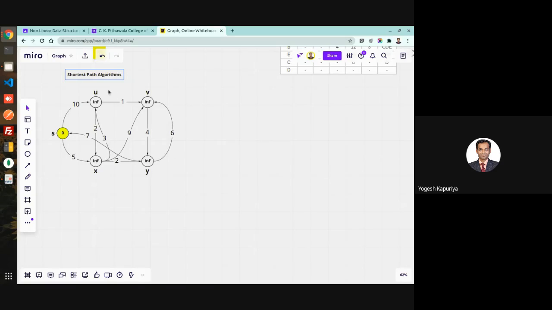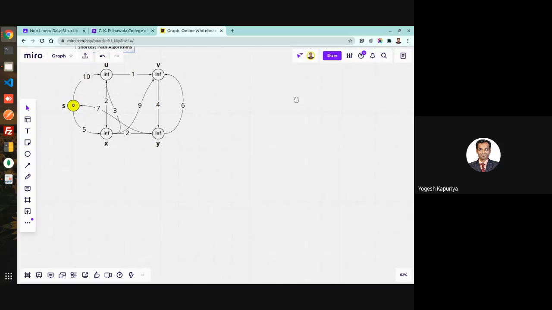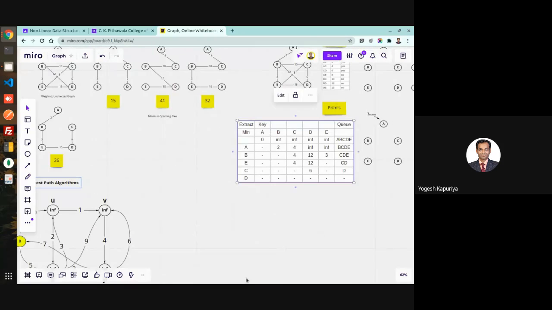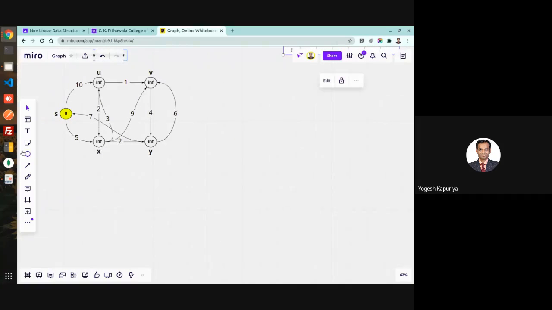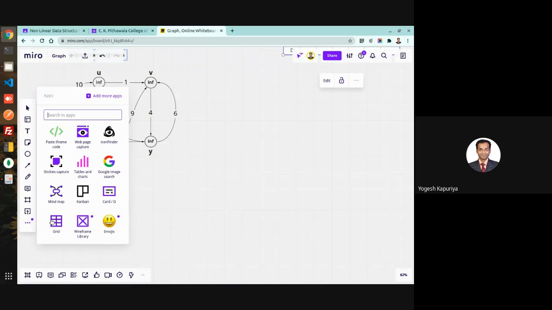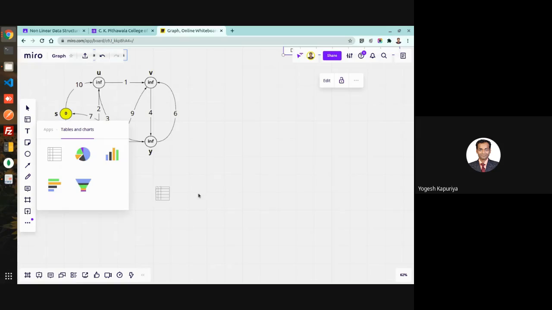That means there is no way to reach U via S. This is the initial setup. Now again you will use a priority queue, right? Similar to what we used in Prim's approach, we are using a min priority queue. So let's make one table for the queue.